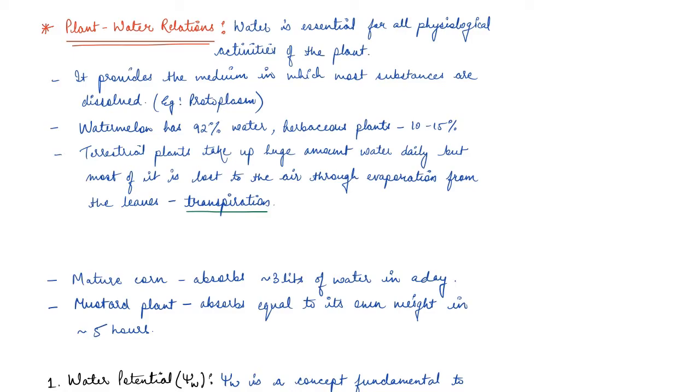So guys, we know that water is essential for all physiological activities of the plant, and it plays a very important role in all living organisms, basically, right? Any living organism cannot survive without water, right? So water provides the medium in which most of the substances dissolve, and that is why we say that the protoplasm of the cell is nothing but water.